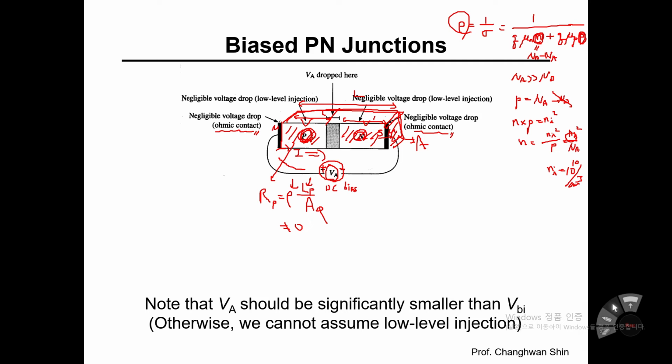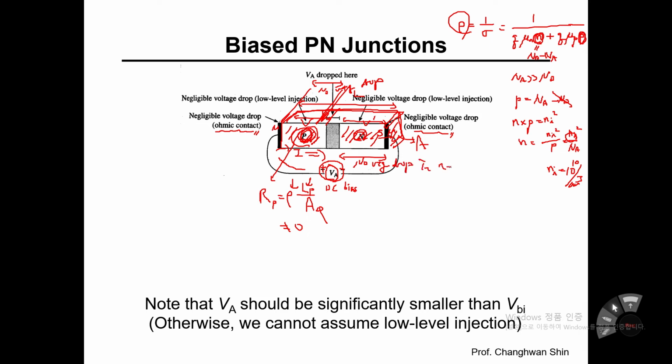However, the ideal diode analysis, which we are going to do, neglects all the voltage drop across the P side. So simply speaking, no voltage drop across P side, and similarly, no voltage drop across N side.